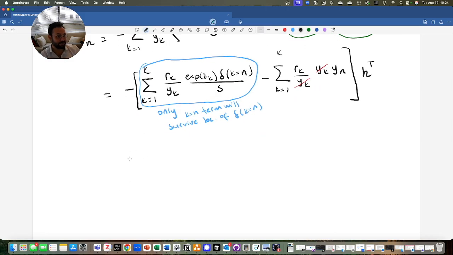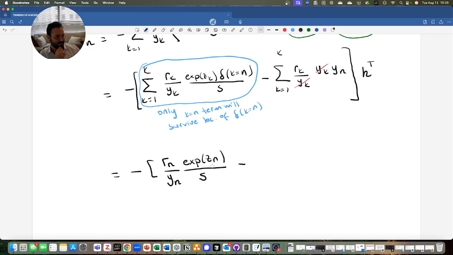So what I'm going to write here is equal to negative, open my parentheses, only the K equals N term is going to survive. So it's going to be Rn divided by Yn exponential Zn divided by S. And this delta is going to be 1 when it is there. Please, this part is important. If you did not get it, feel free to rewind and look at it one more time.